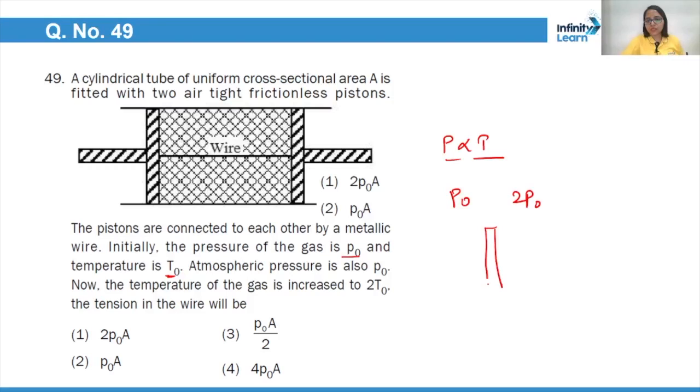It will experience forces because of tension, and the pressure 2 P naught inside the container gives a force in this direction, that is 2 P naught into A, and from outside, because of the atmospheric pressure, P naught into A. Now this piston is at rest, so the net left force T plus P naught A should be balanced by the total right force, 2 P naught into A. So tension will be P naught into A, and that is the correct answer, option 2.